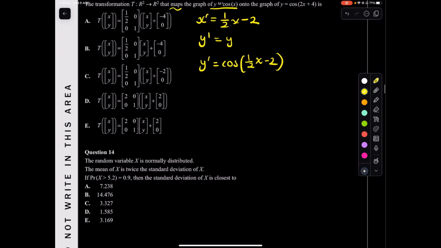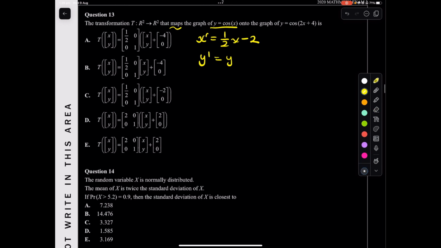Oh, no, what am I doing? First I need to actually transform this graph to x, so it'll be x dash plus 2 all over 2 for x, and this is what we sub in.